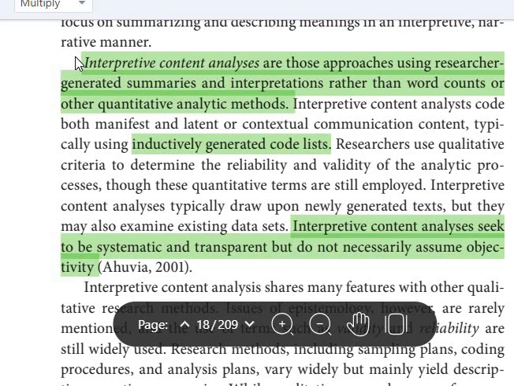The analysis unit here is your interpretations, your explanations of both the manifest and the latent communication content, through the use of inductively generated code lists. Here we don't use deductively generated code lists, we use only the inductive ones.